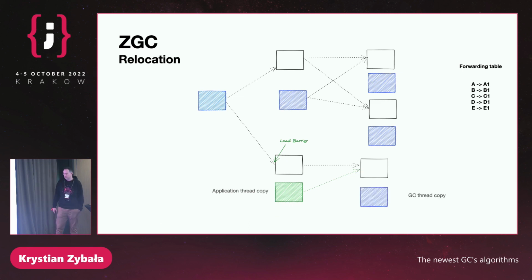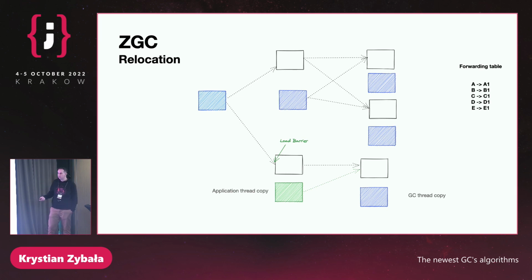And after that, what is more important, a difference between Shenandoah and ZGC is that when the GC knows that it lost this race, it skips to the next object and starts processing the nearest object in the relocation.